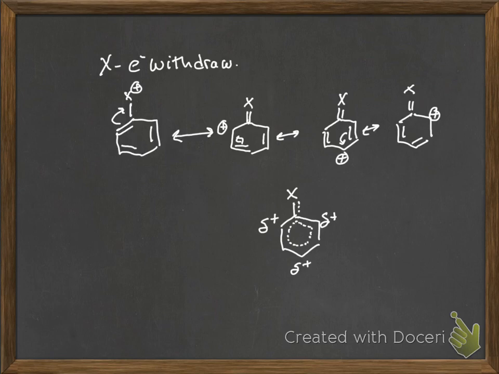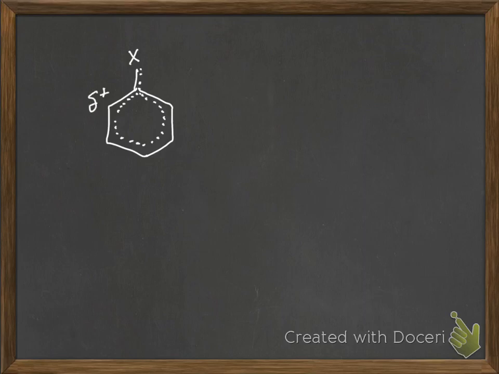So now, again, I'm going to redraw this over here slightly bigger. Partial positive, partial positive, partial positive. All right. Now, if the X is electron withdrawing, those carbons have a partial positive charge.